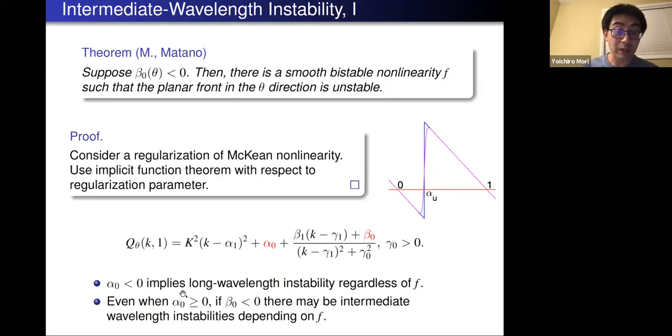Even when alpha zero is greater than or equal to zero, in which case the planar front is stable to long wavelength perturbations, if we select the McKean nonlinearity or something close to it, as long as beta zero is negative, you can obtain planar front instabilities.